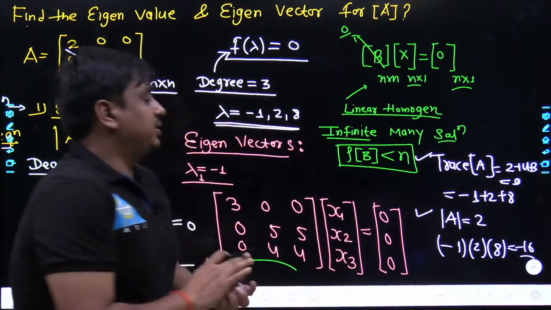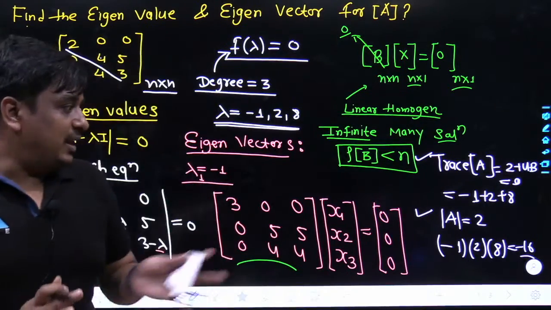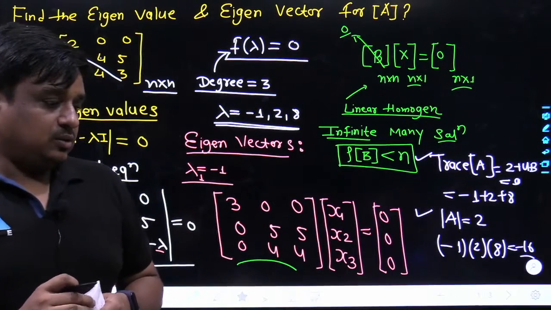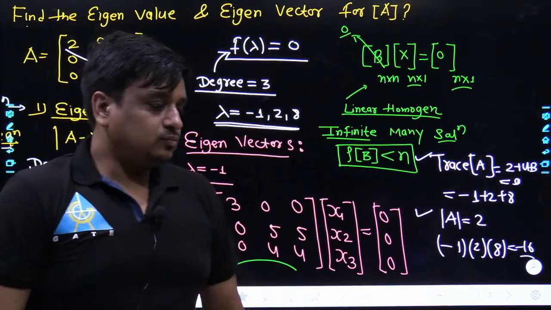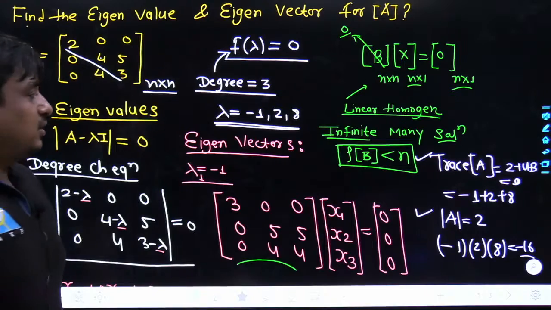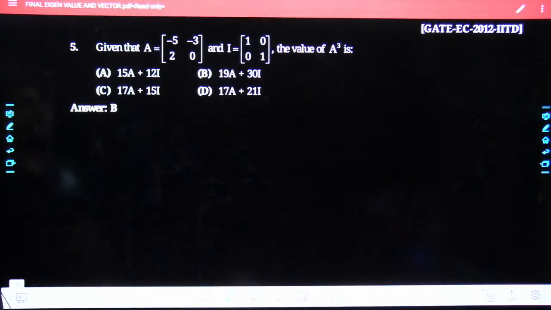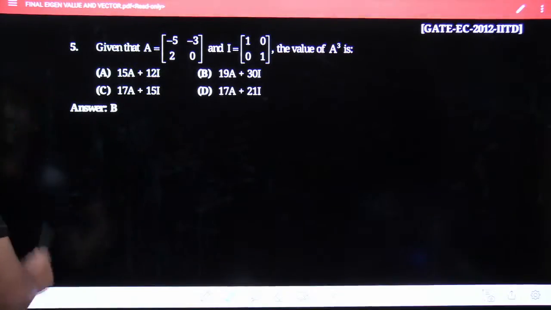And once you calculate the determinant of the matrix A, you'll land up with the same value. Is it quite clear?